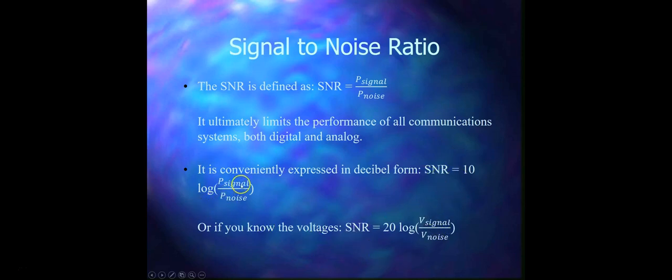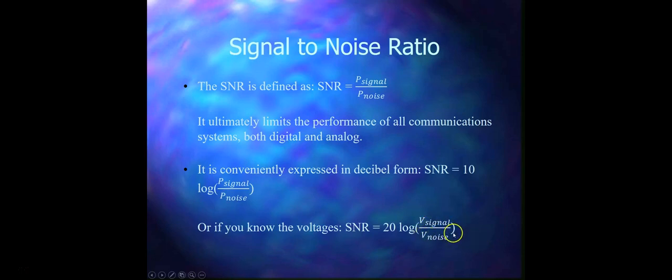So if you replace P signal in terms of voltage and resistance, you know that the formula for power is equal to V square by R. So here if you put V signal square by R, and here V noise square by R, then the resistance will be cancelled out, and you will have V signal square by V noise square.